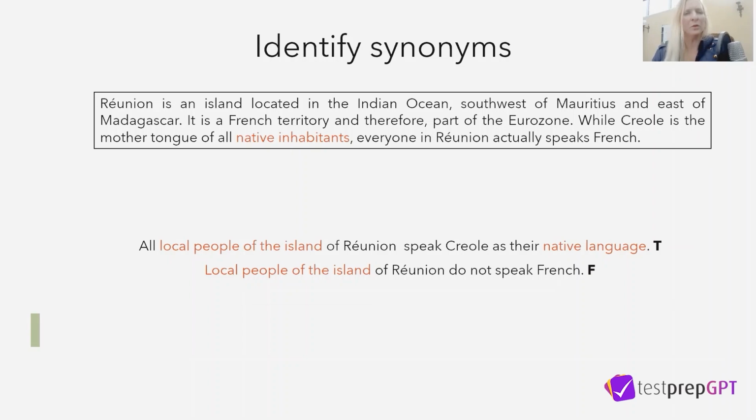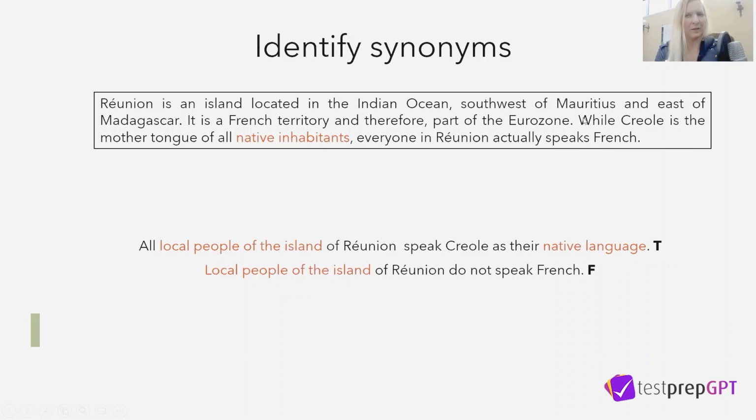So the word local people of the island, do we see anything similar in the text? We see native inhabitants. Inhabitants are residents, are people who live in a country, and native also means local. So here we have two direct synonyms with the same meaning. And all of these local people of Réunion speak Creole as their native language.